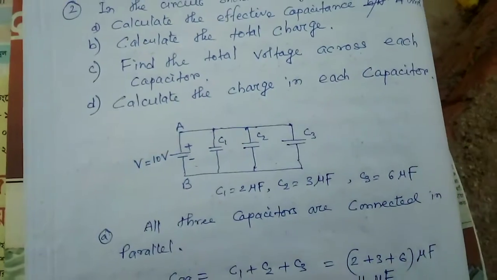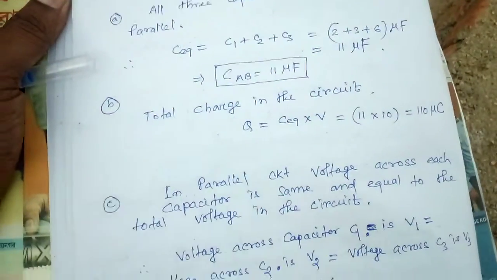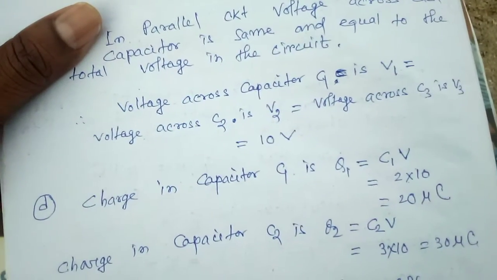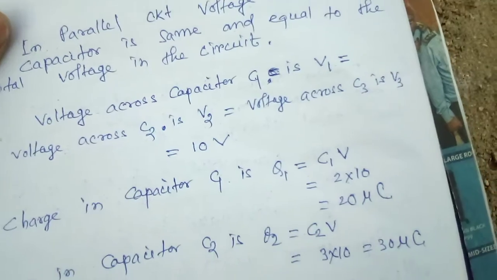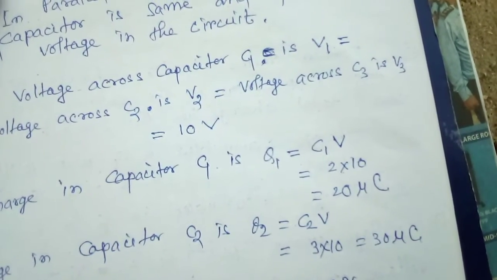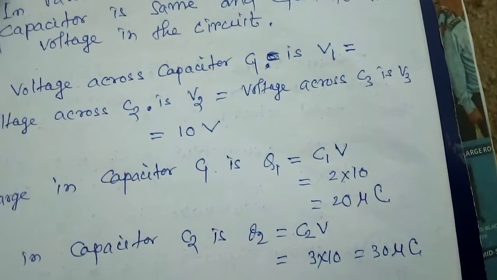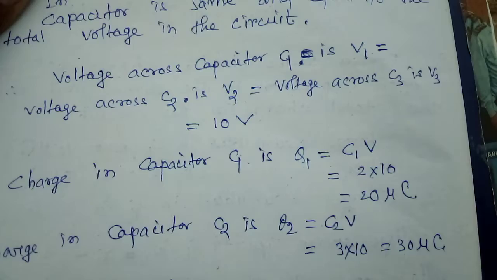Next, we have to calculate the charge in each capacitor. To calculate the charge in capacitor C1, we have the required formula Q1 equals C1 into V. If we simply put the value of C1 and V, we get 2 into 10, that is 20 microcoulomb. This is the charge accumulated in capacitor C1.